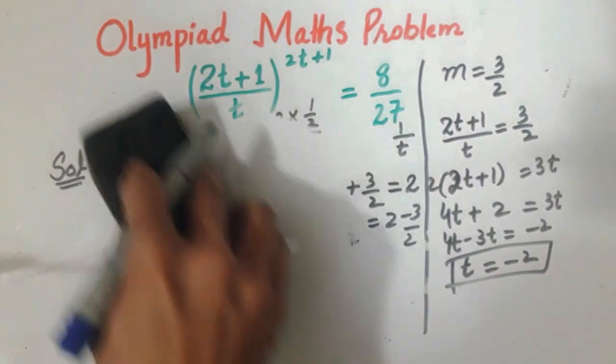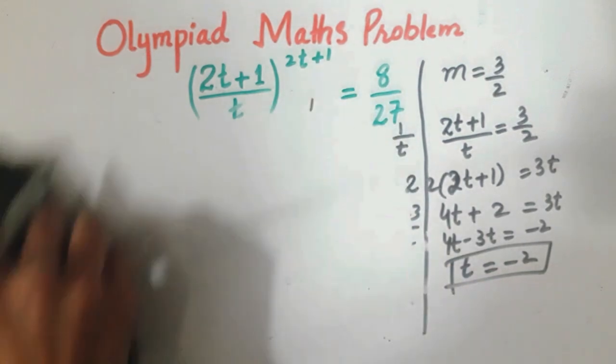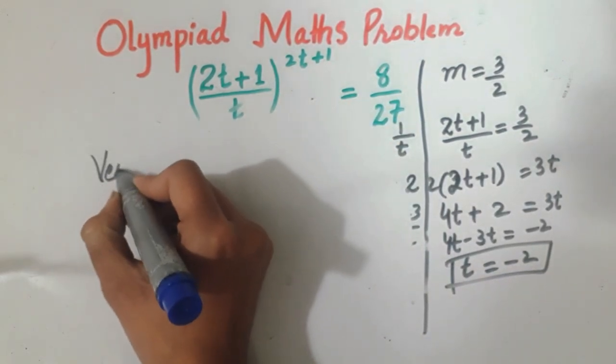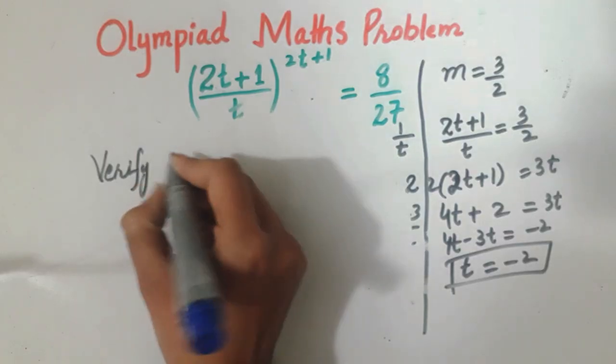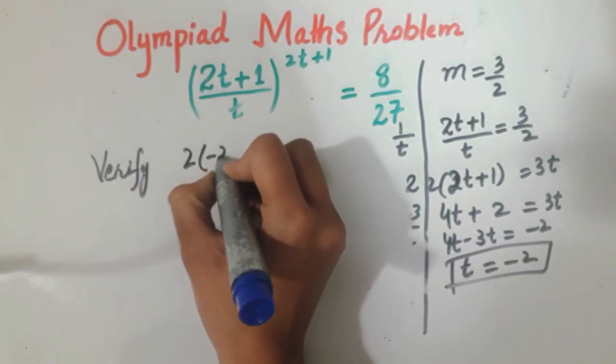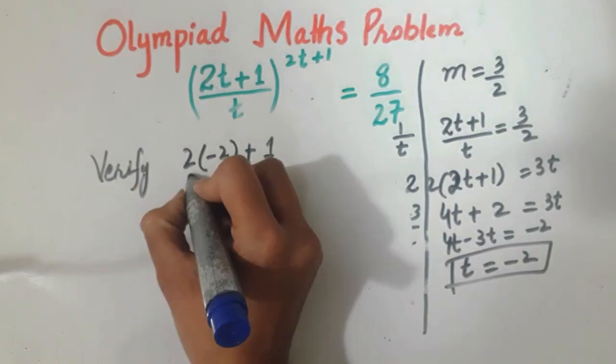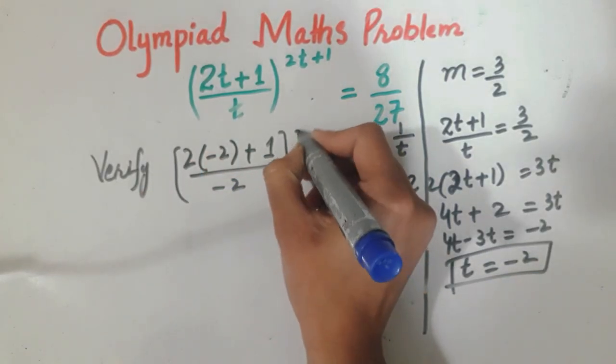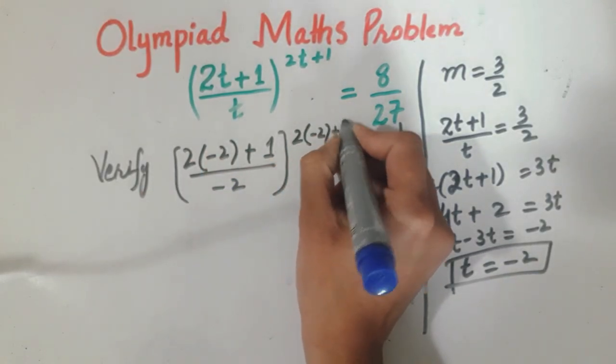Now we will do the verification, to check whether our answer is correct or not. So verify. 2 into t is -2, plus 1, divided by -2, and the whole power 2t + 1 is -2.